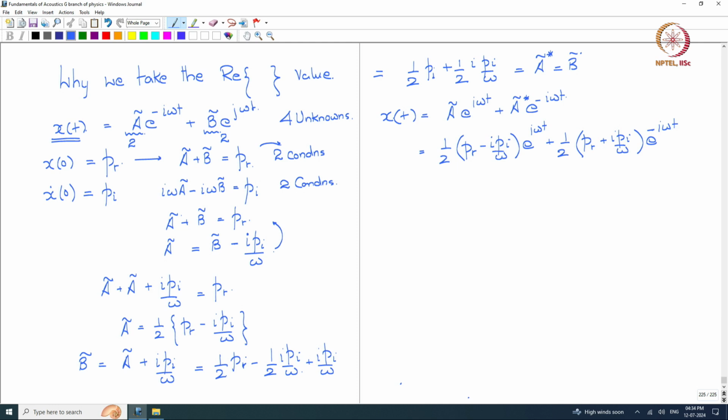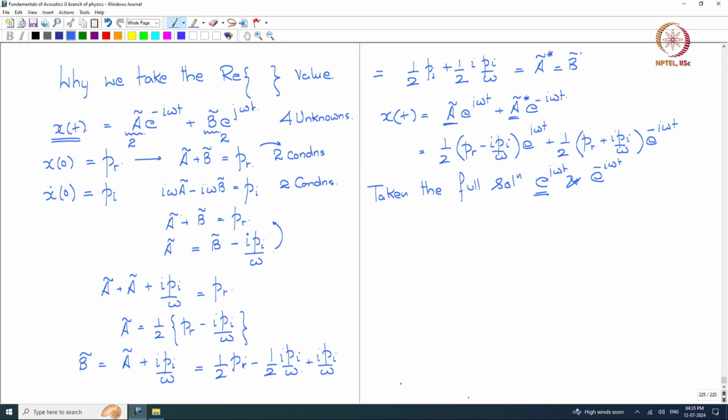Okay. So now we have taken the full solution. What do I mean by full solution? E to the power of I omega t plus e to the power of minus I omega t. We have taken the full solution with their coefficients.